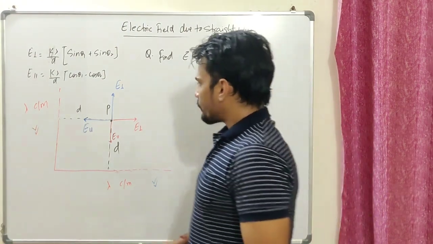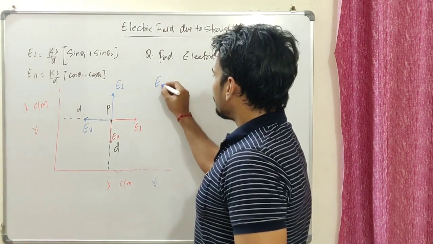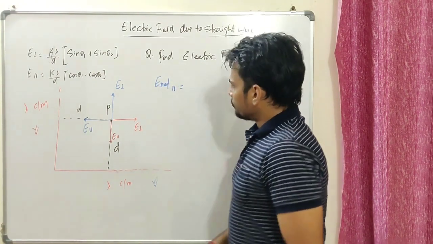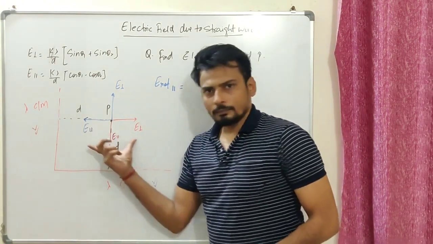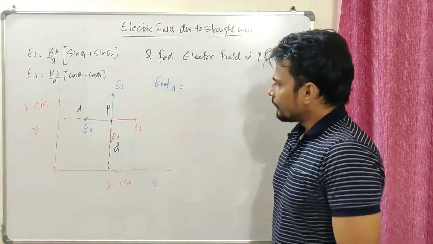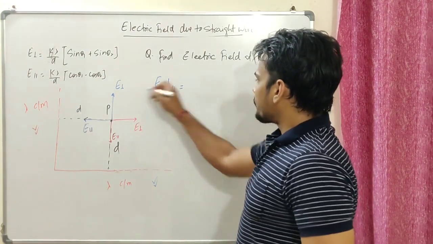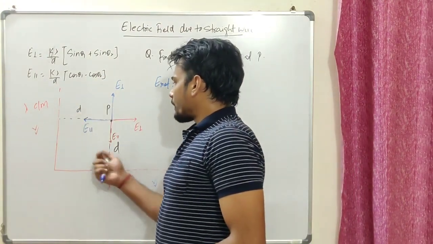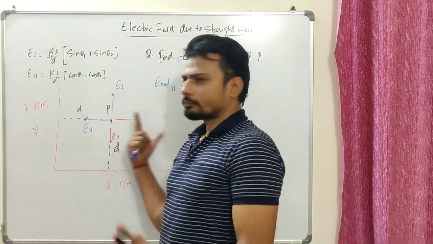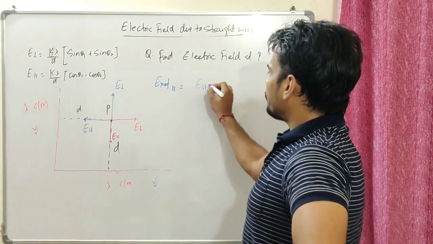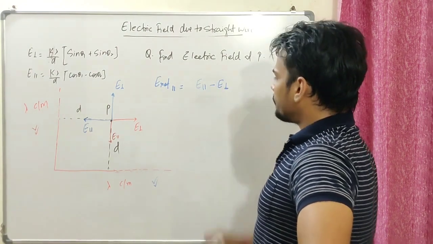Now let us try and find the E net in the parallel direction, because of these two. So E net in this direction should be E parallel minus E perpendicular.